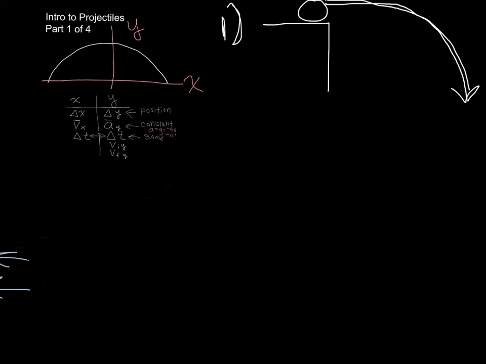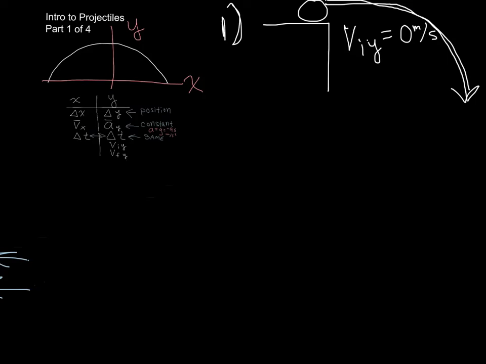The important thing to know about a type 1 is that the initial velocity in the y direction is going to be 0. So this is basically like just dropping an object, except that you're giving it some horizontal velocity out this way.